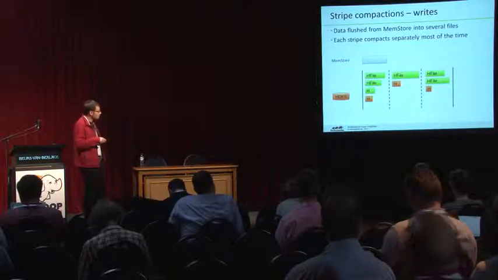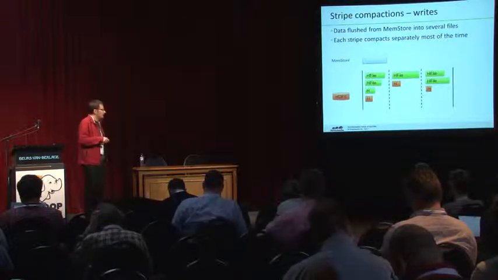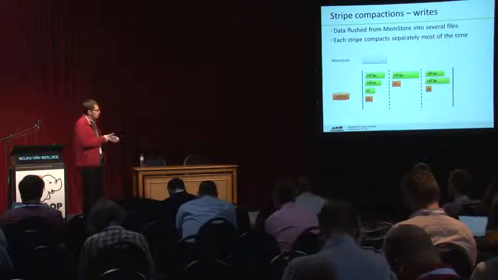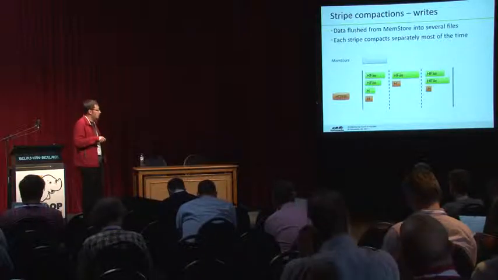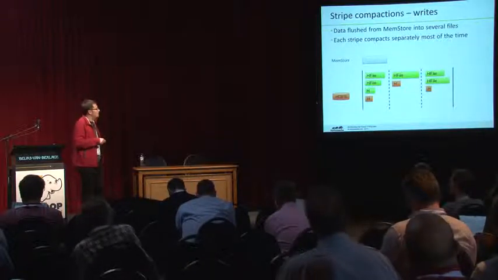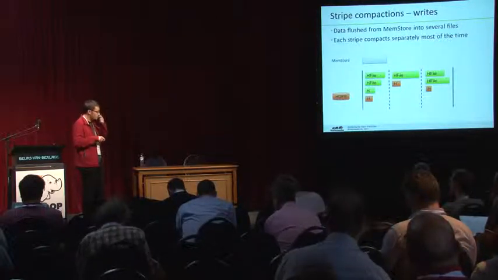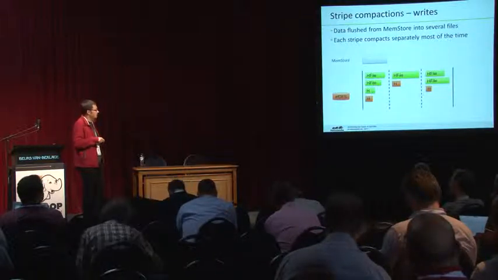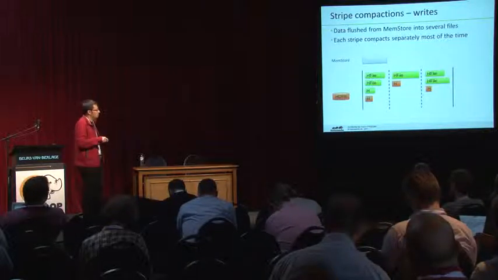This is a trade-off, meaning that if these ranges are not uniformly divided within a given region, then you may end up with small files. But if you have a very good definition and distribution for these stripes, you would definitely want the flush to skip the L0 and continue flushing into multiple stripes. Okay.